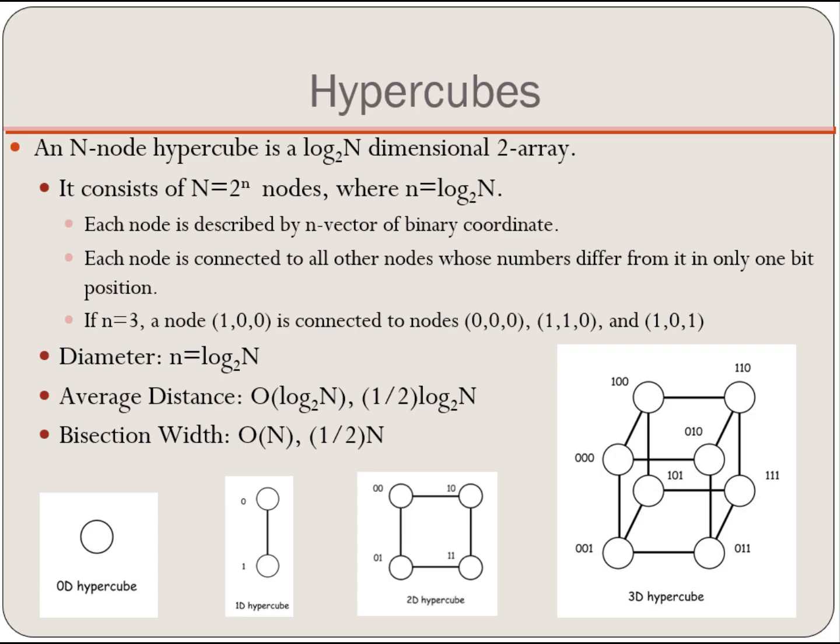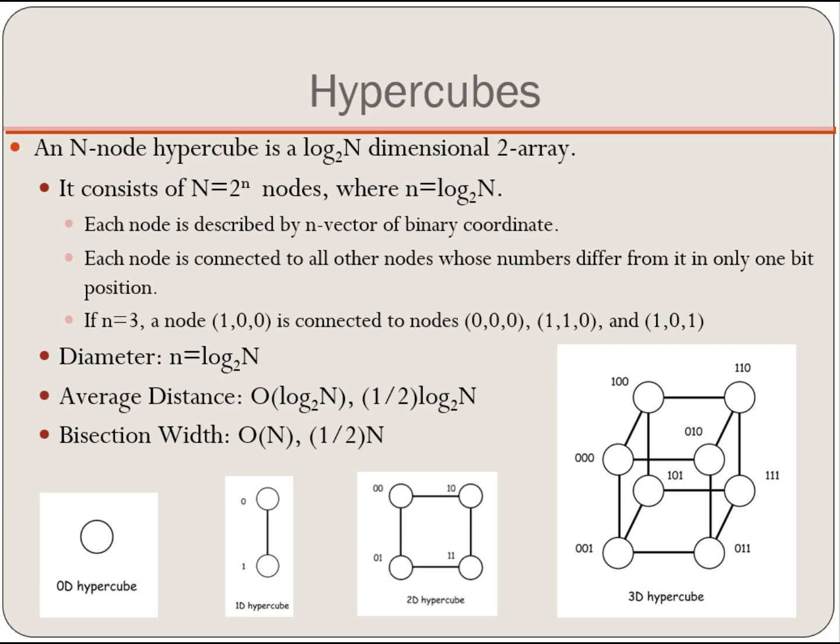To separate this into two parts, remember it was created from two of these. The simplest way is to remove the links that connect the two 2D hypercubes together. A 2D hypercube has 4 nodes, and when you go to 3D it's 8 nodes, so we need to remove 4 links.